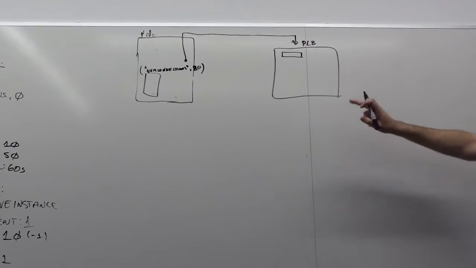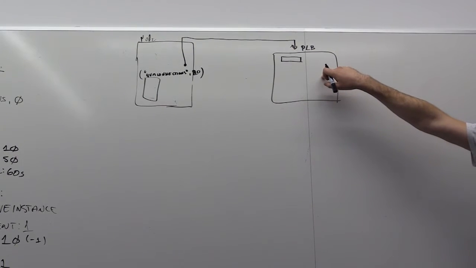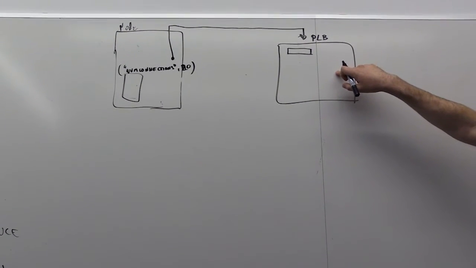Now, inside PLB, we have one very small component, which is called Autoscaler.